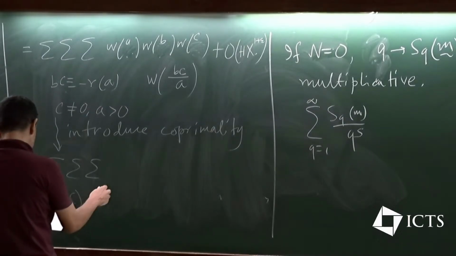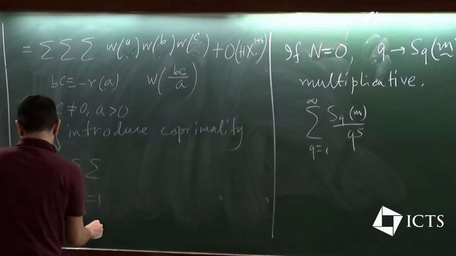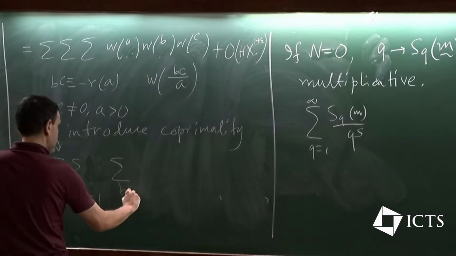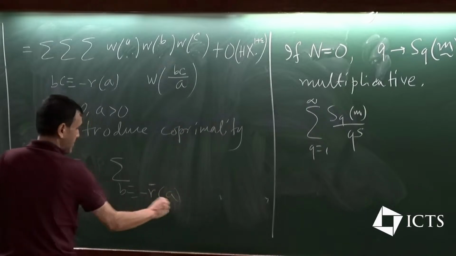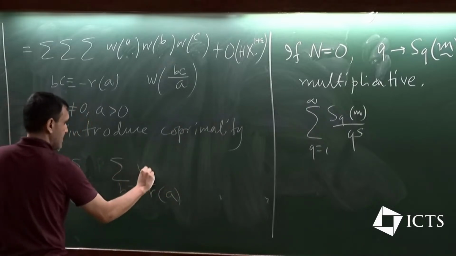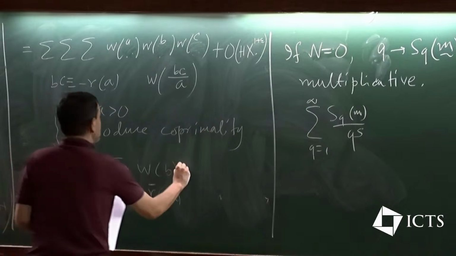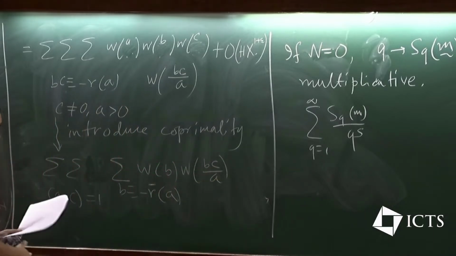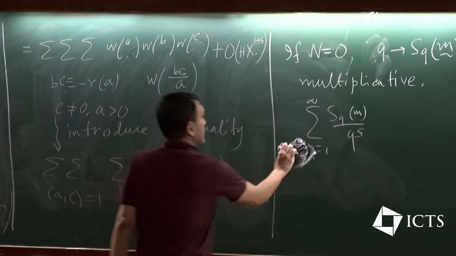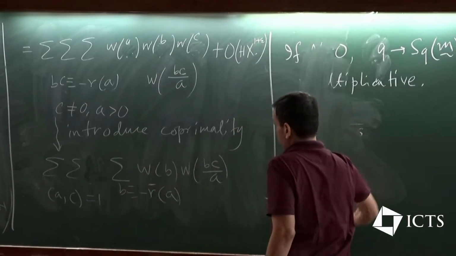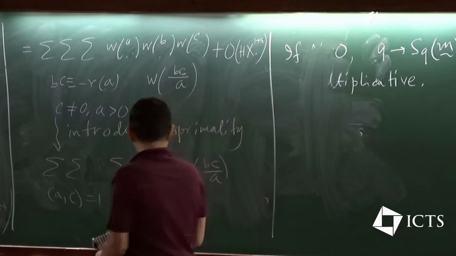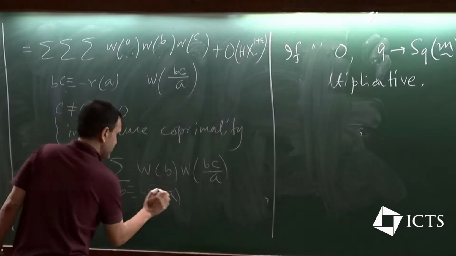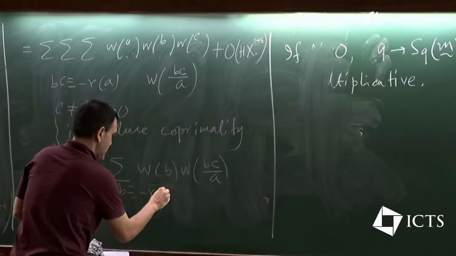And then you have A, C coprime, and B is congruent to minus R C inverse mod A, w of B, w of BC by A. Oh, sorry, R C bar mod A, right?